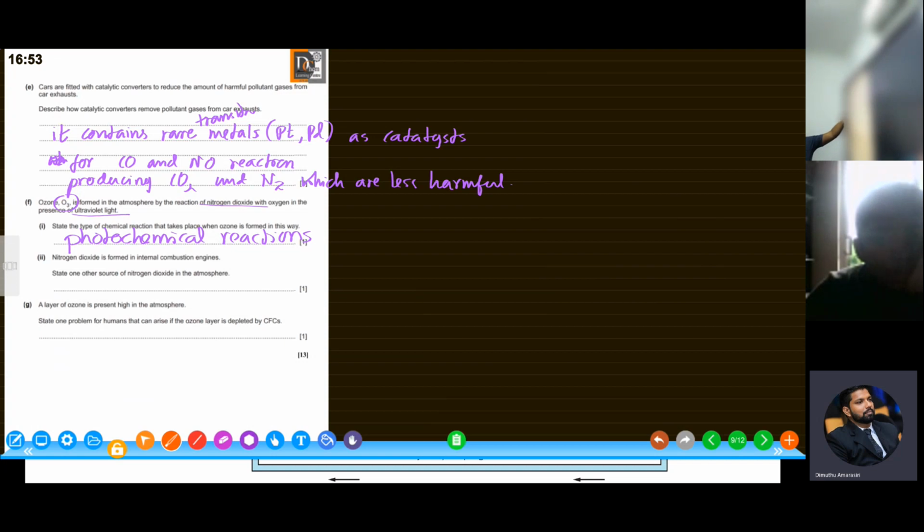Next, nitrogen dioxide is formed in internal combustion engines, right? State one other source of nitrogen dioxide in the atmosphere. Lightning, or burning items. High temperature, okay.